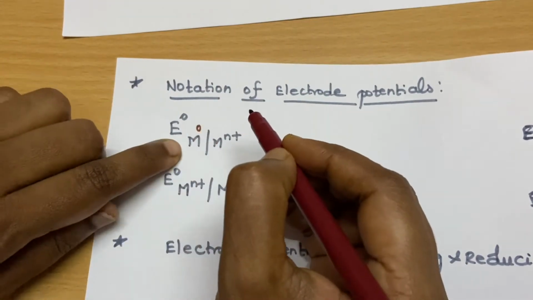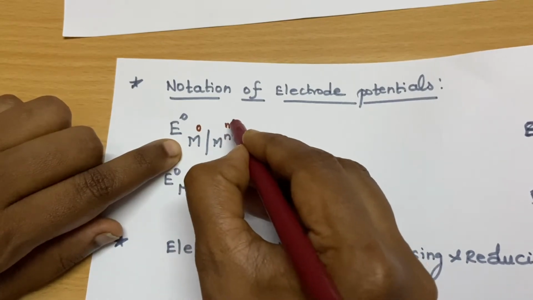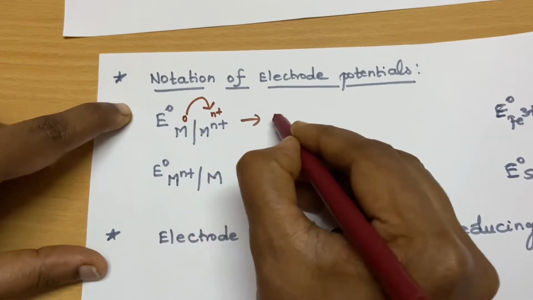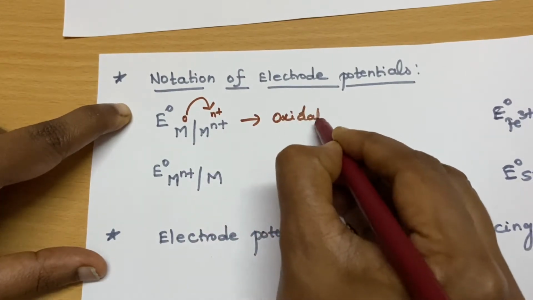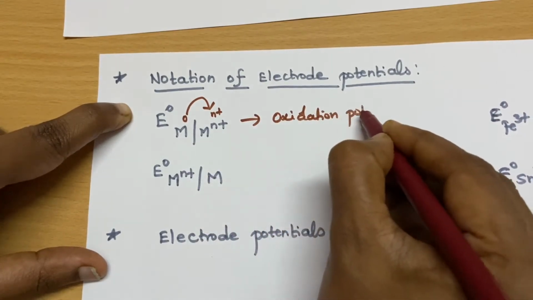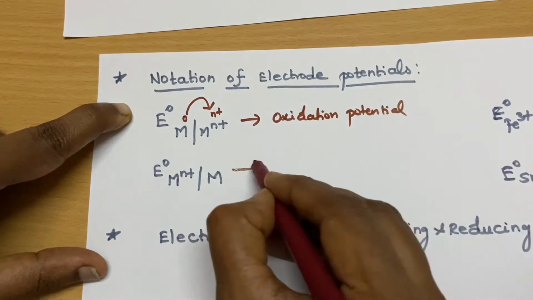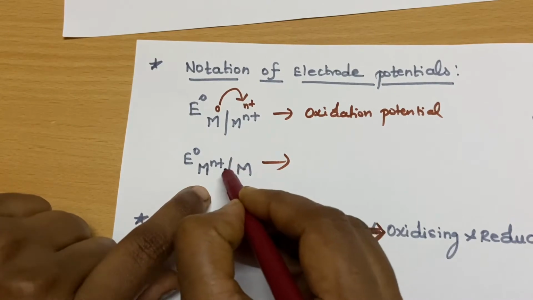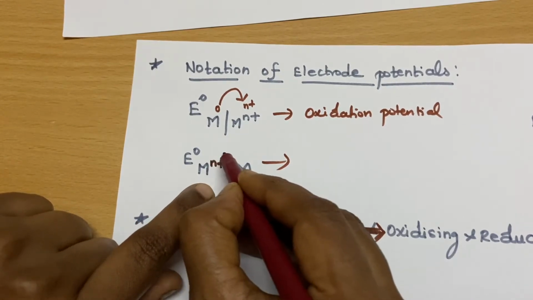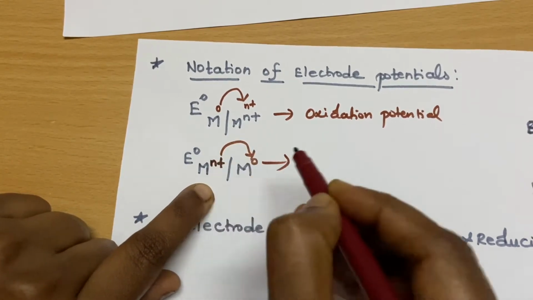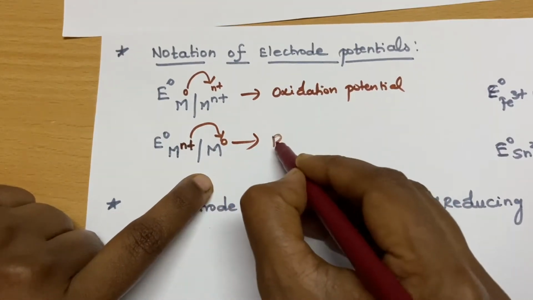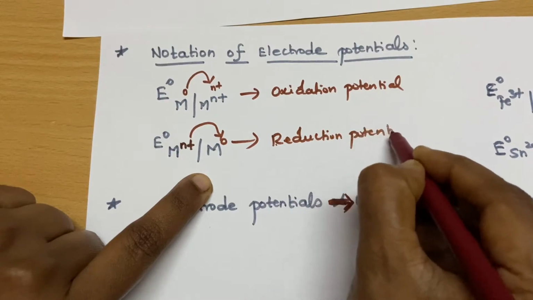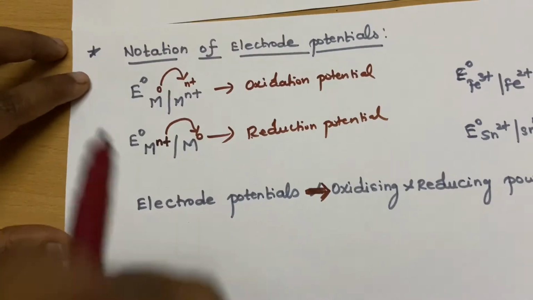Here the oxidation state is 0 and here it is Mn+, so it has been oxidized. So this is an oxidation potential, you must know. Where the oxidation state has been converted from Mn+ to 0, it has been reduced, so this is a reduction potential. These are the notations you must know.